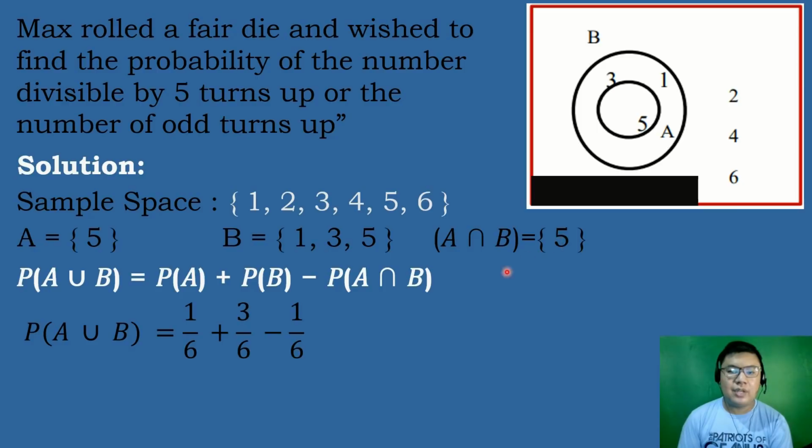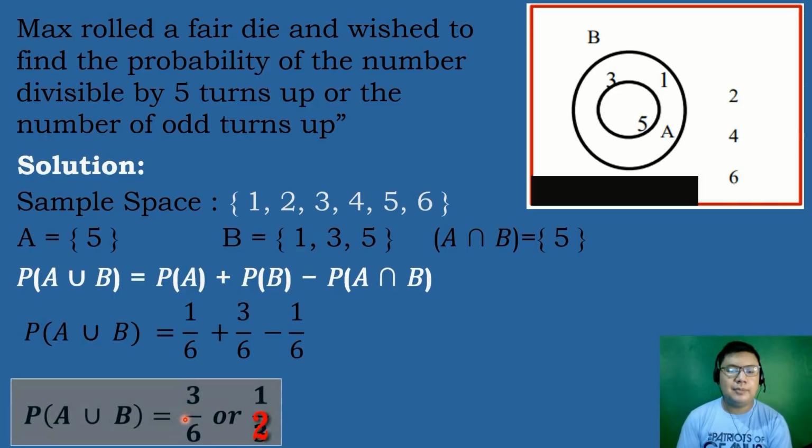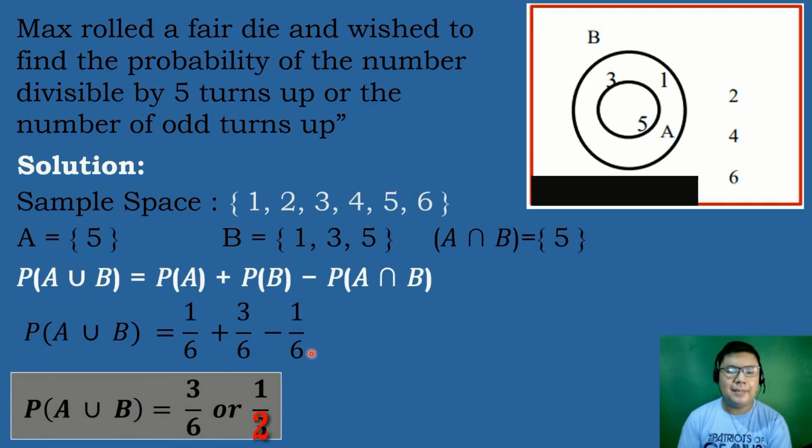The event outcome of the intersection of A and B is 5. So we have only one number. So this is equal to 1, all over the sample space, which is equal to 6. This is an example of similar fractions, so we will just copy the denominator 6 and then simplify the numerator. 1 plus 3 is equal to 4. 4 minus 1 is equal to 3, and that is equal to 3 over 6.